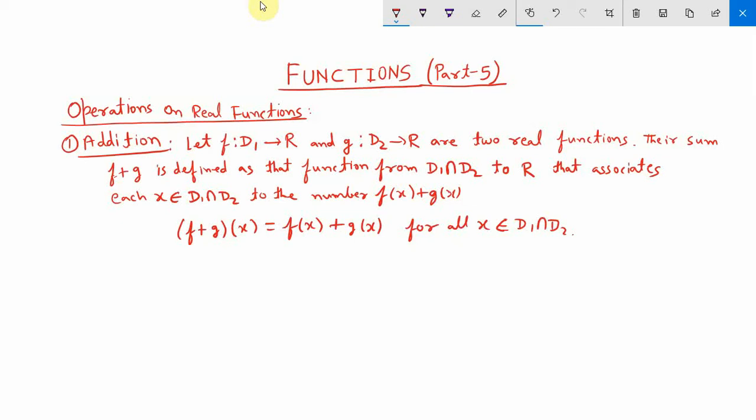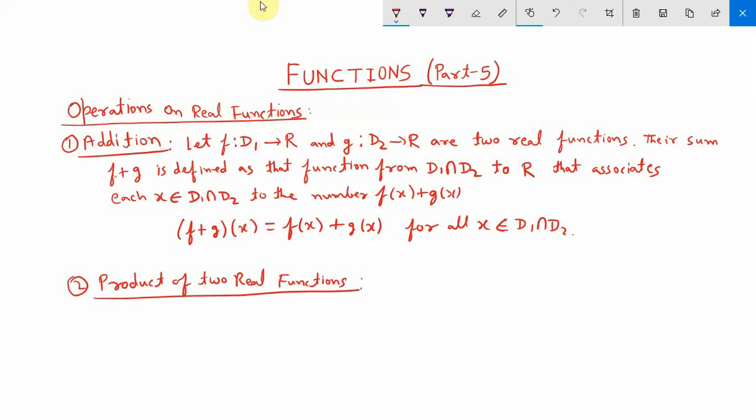Next, we will discuss product of two real functions. So how to perform the product?